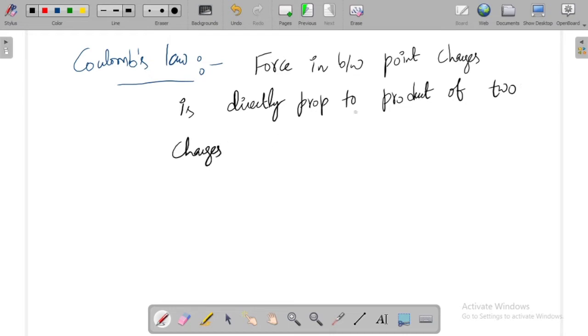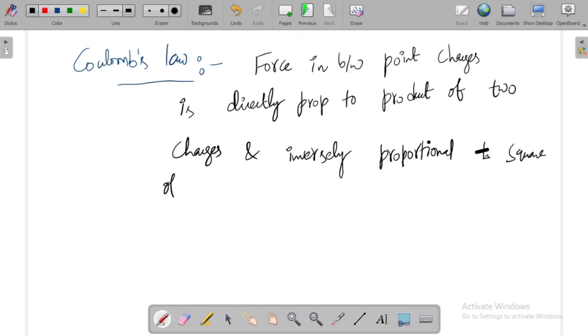So it is like the inverse square law we have seen in the universal law of gravitation.